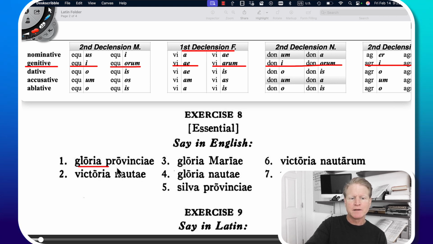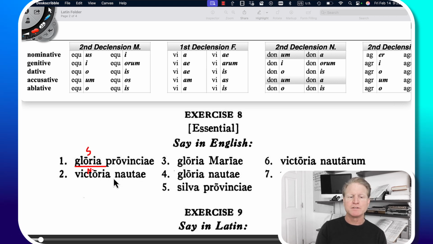So here we have Gloria provinciae. So what we have is the glory, and if this were a sentence, I would write S above it and N below it for subject of the sentence, nominative case. And then for provinciae, this word is in the genitive case. So if we take the word provincia and put it in the genitive case, we end up with provinciae.